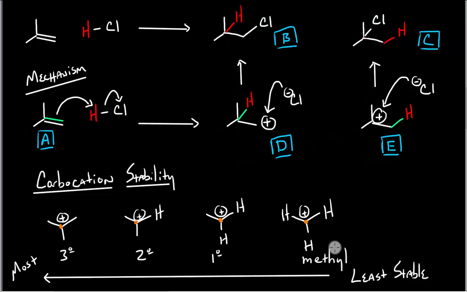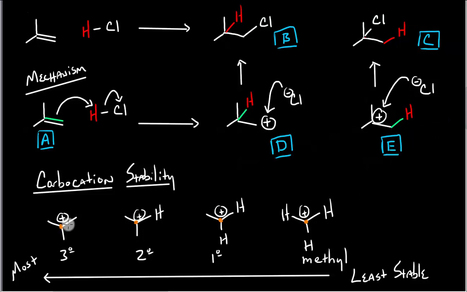Overall, this is the general trend: as you increase the number of non-hydrogen substituents, or, another way to think about it, as you decrease the hydrogens directly attached to the orange carbon, you increase the stability. This is another point that really confuses students right off the bat.